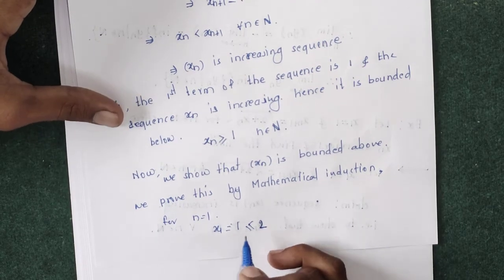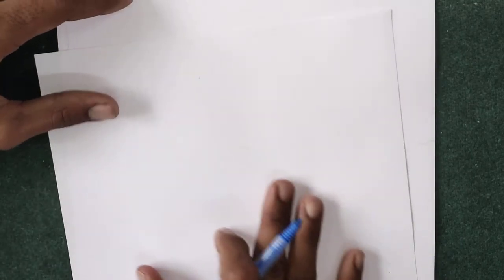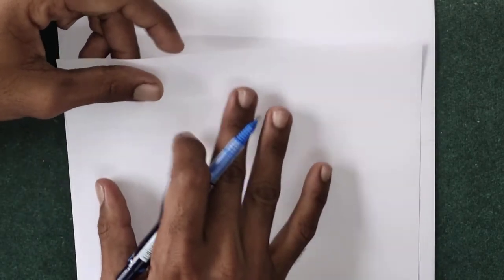We will suppose that the result is true for n equals k. For n equals 1, we get the result is true.